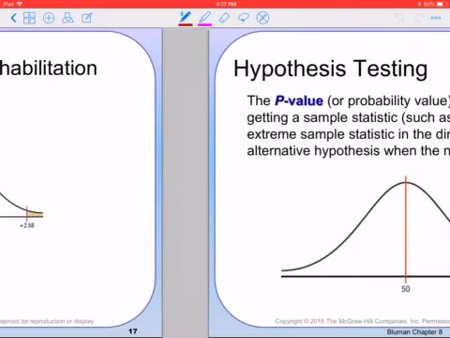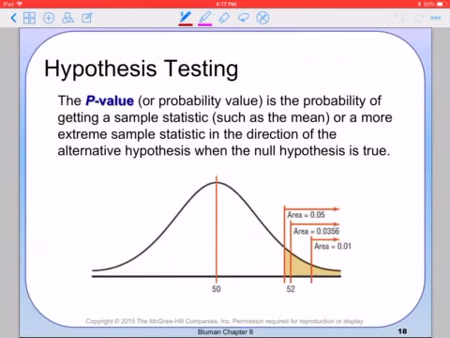Okay, so as we move along here, we want to next discuss what a p-value is. And actually, what I'm hoping is that you're taking some notes here. This is exactly what we would have in class. So the p-value, or the probability value, is the probability of getting a sample statistic, such as the mean, or a more extreme sample statistic, in the direction of the alternate hypothesis when the null hypothesis is true.